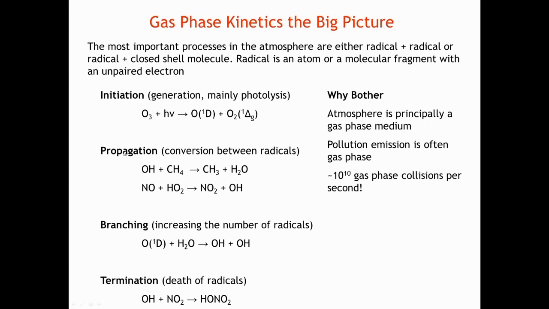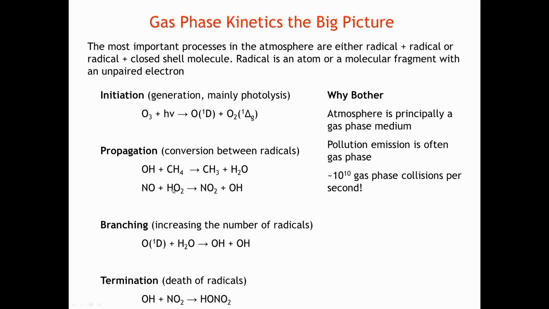Okay? Propagation, conversion between radicals. Which are the radical species in this first one? OH and CH3. So what's CH3? Does anyone know what sort of radical that is? It's the methyl radical. So it's just from methane. Okay? And what's the radical species here?